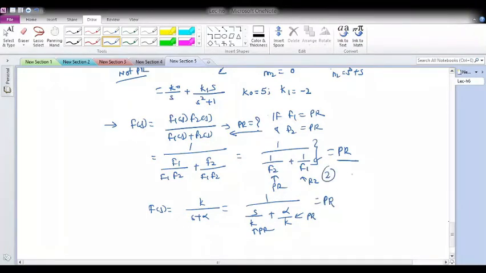Second, if F(s) is ks upon s plus alpha, so this also you can write as 1 over (1 over k plus alpha upon k s), and this 1 over k is PR, this is also PR. Alpha over k s is also PR, so total overall is also PR.